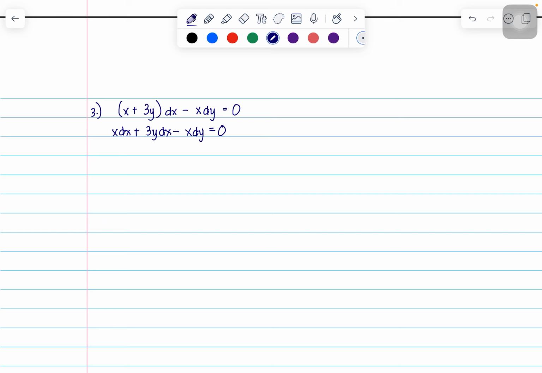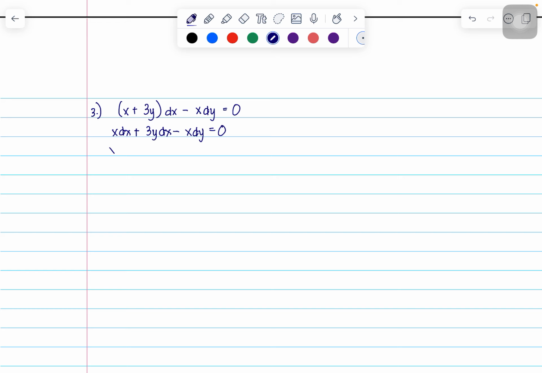Alright, so let's try. As you can see, you can already see which it is linear to. So it's linear in y. So the goal here is to form a dy over dx or dx over dy. Since the dy is alone, it's easier to do dy over dx.